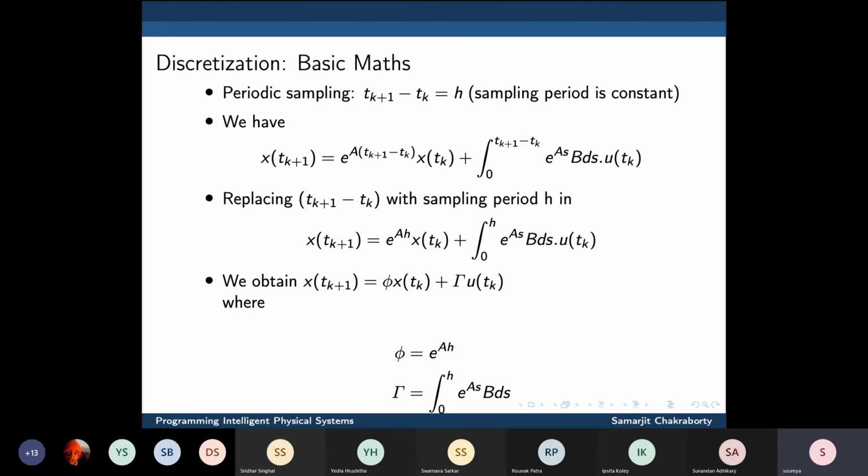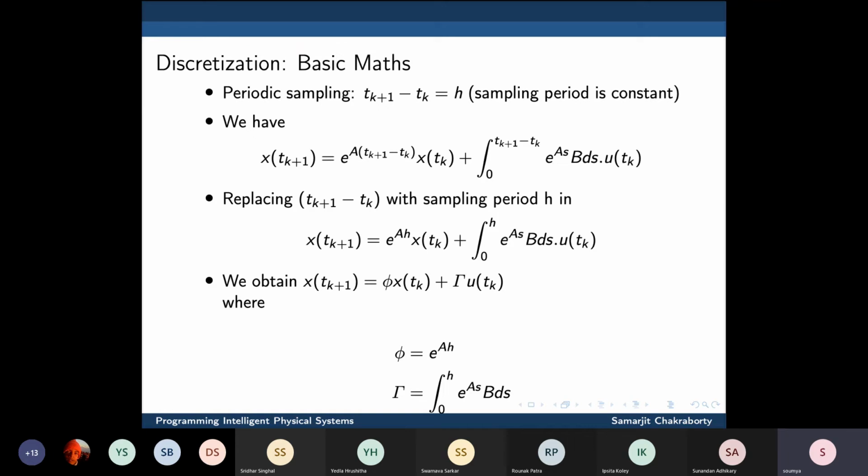So what we see is finally from this we can write this thing, right? But as you see, the values of these matrices phi and gamma depend on h. Am I correct? Yes, sir. So they depend not only on the continuous time state space matrices A and B, but also on h.